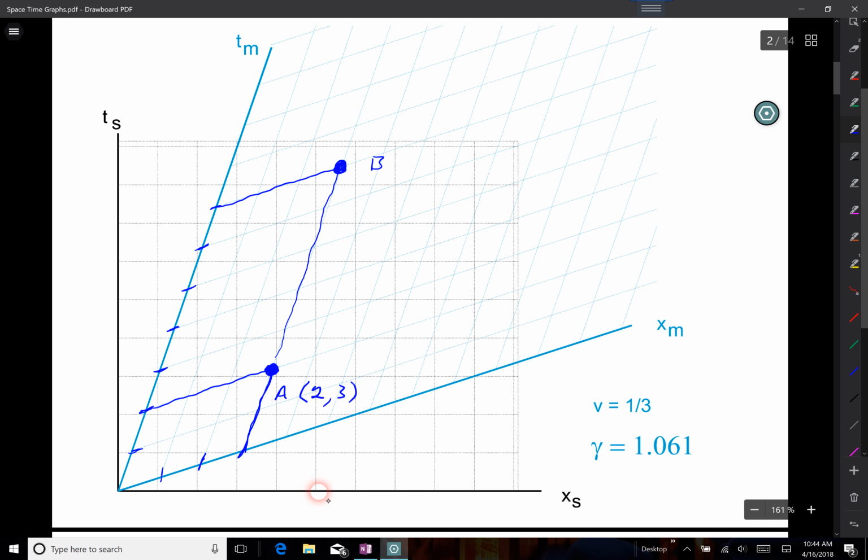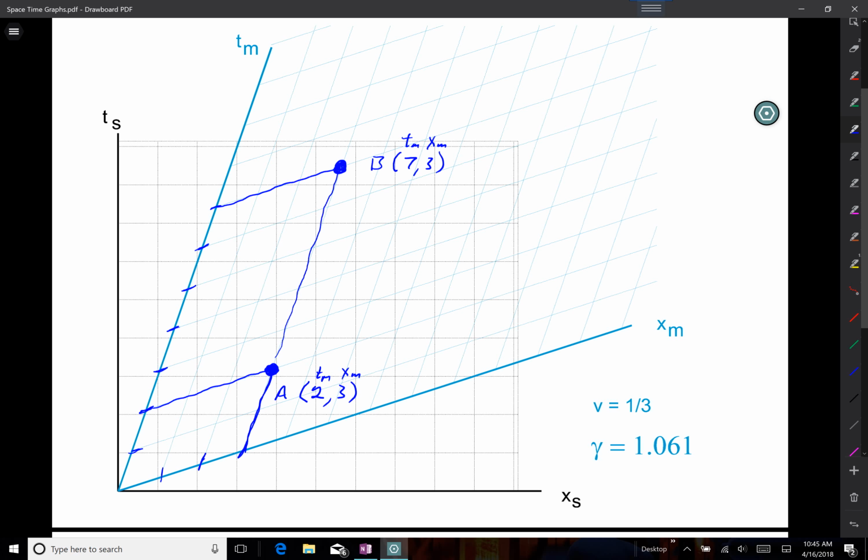This is 2, 3, and this is T_M and X_M. And this is 7, 3, and this is T_M and X_M. And now we can answer all the questions.